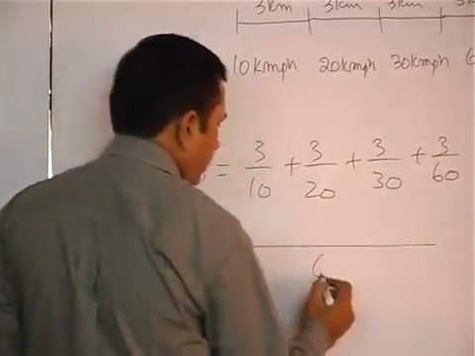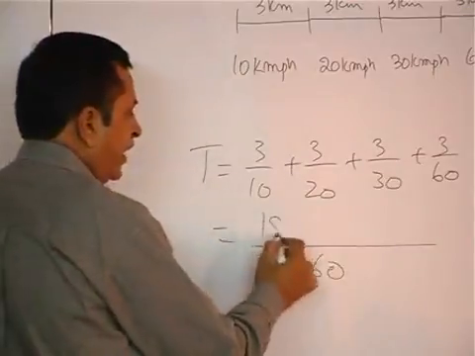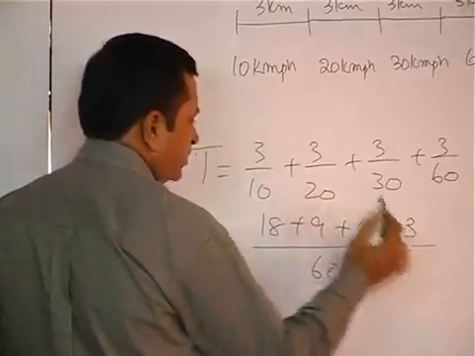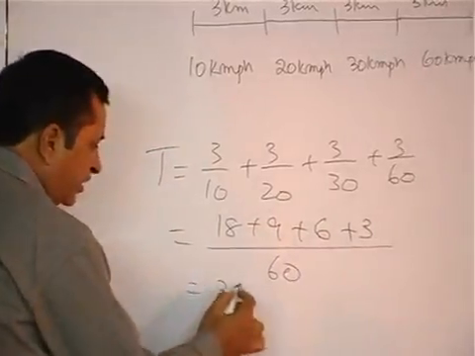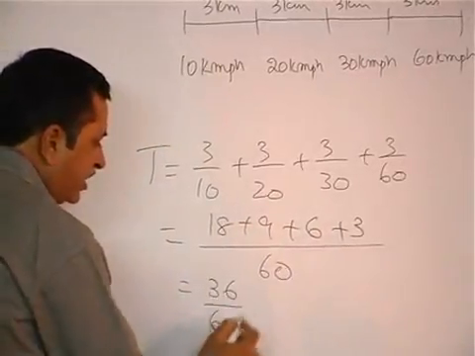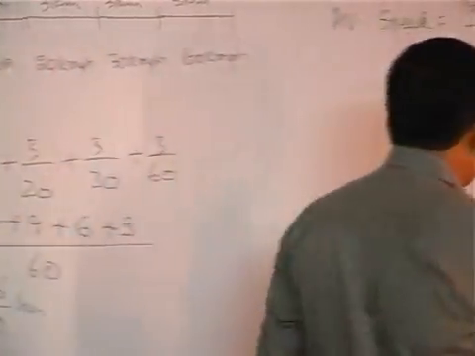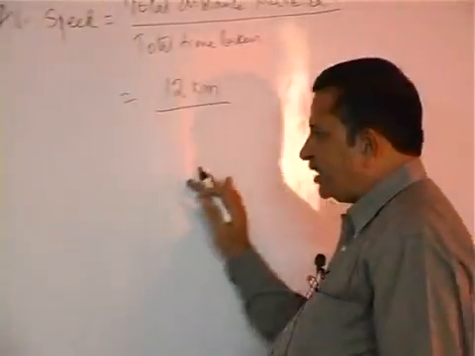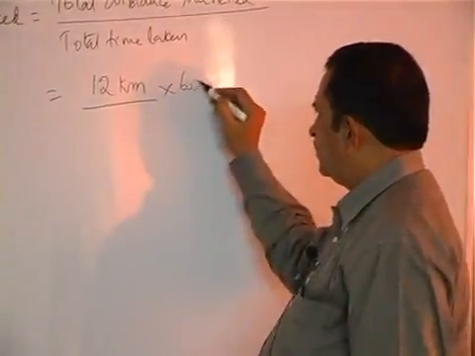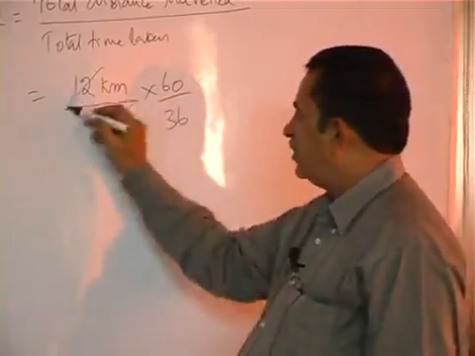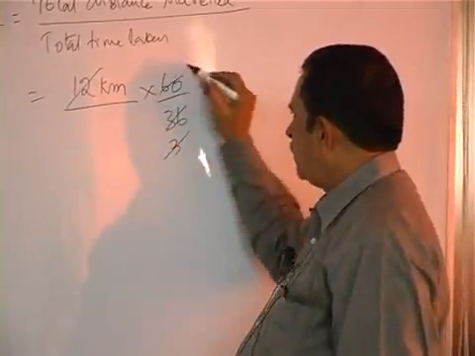LCM is 60, 18 plus 9 plus 6 plus 3, 36 by 60 hours. 12 kilometers by 36 by 60 means into 60 by 36, 12 threes, 20.